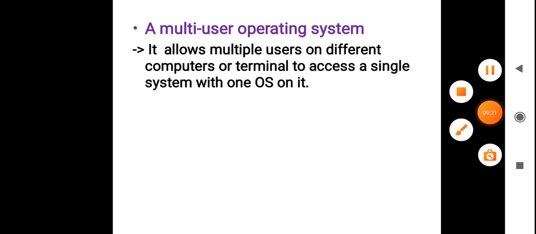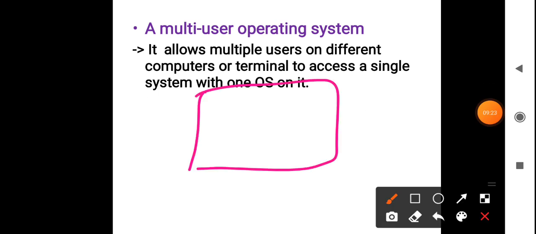For example, see here. You have one computer terminal, and terminal here means just a computer. For accessing this computer, we can have one user or more than one user.